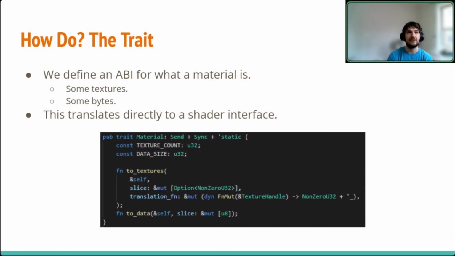We say that a material is some textures and some data. That's it. We don't care anymore. WGPU actually doesn't care anymore. That is the limit that I need to know in order to get this data onto the GPU and into your shaders. So this is a very convenient model for how materials work and allows them to be fully generic.